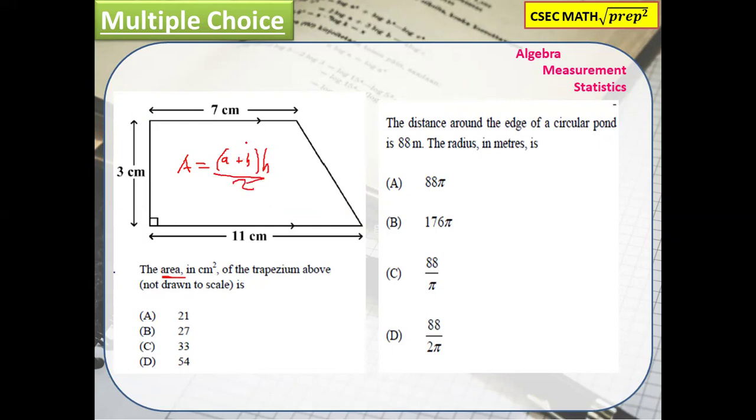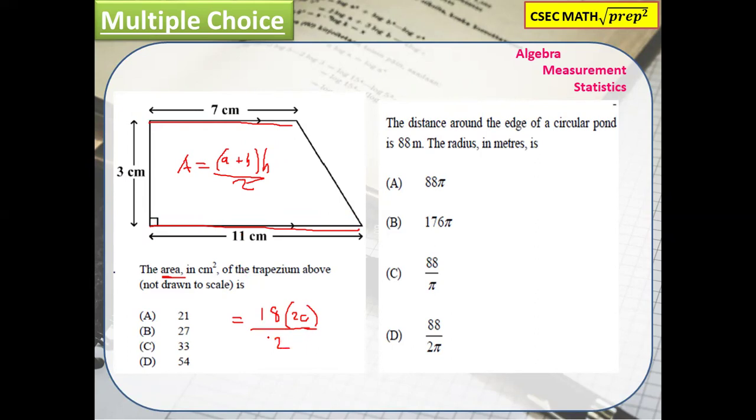The A and the B in the formula are the parallel sides of the trapezium. So it is 7 and 11. So if we put those numbers in the formula, we're going to have 7 plus 11. That's 18. And 18 will multiply the height, which is 20. And then we divide by 2.